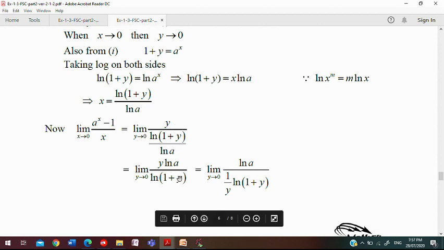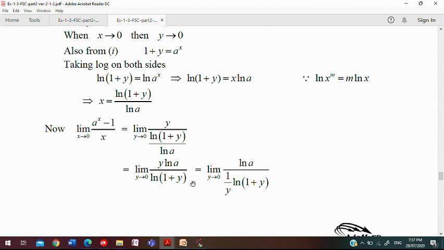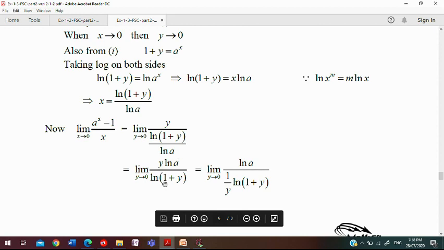Now if we apply the limit directly as y approaches 0, we get the 0 by 0 form. So to avoid this situation, we apply a technique: we take 1 by y as common from this factor.